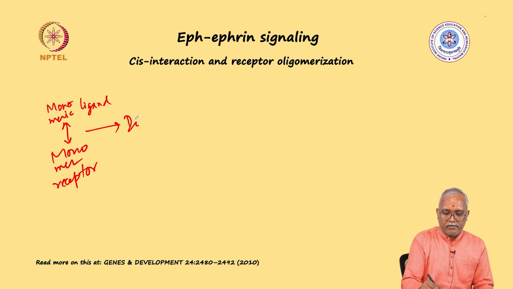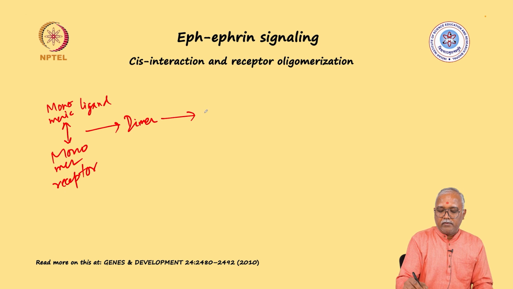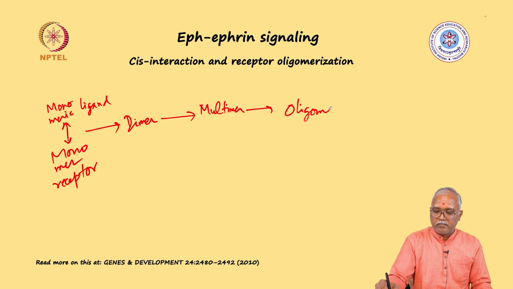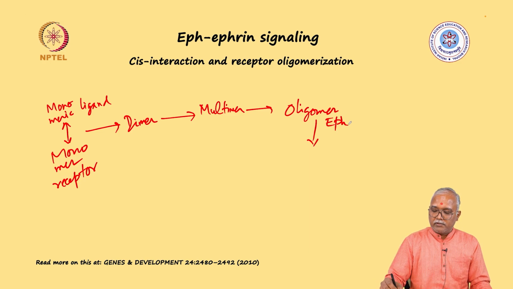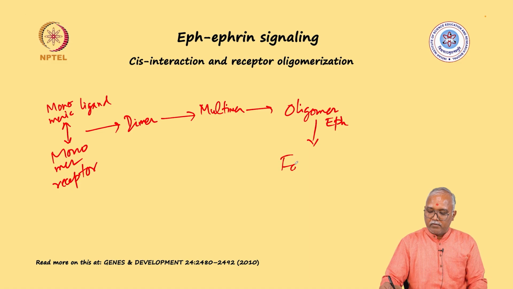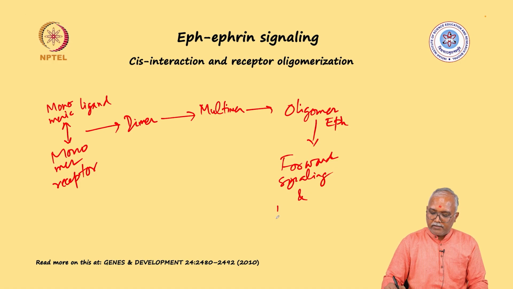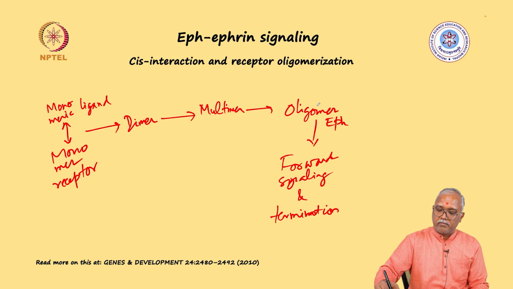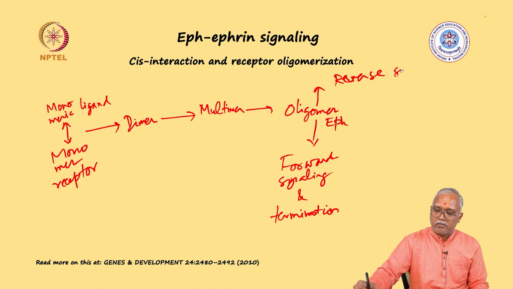From here you can have dimer, then multimer and oligomer structure, and then this cell with the EPH is pulling so that you can have forward signaling and termination, or it can be the reverse signaling in Ephrin expressing cells.